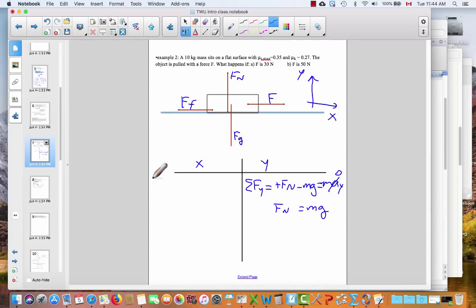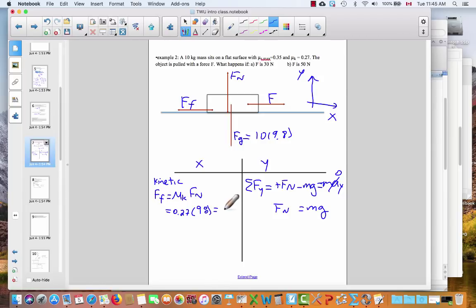Now there's two types of friction. There's what we call the kinetic friction if you're already sliding, and that's given by the kinetic coefficient times Fn, and the kinetic coefficient was given here as 0.27. And the normal force, well, it's a 10 kilogram object, so this is just 98 newtons of weight, and therefore 98 newtons of normal force.